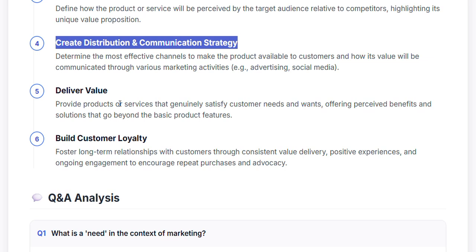Why do people choose your product, and why do people choose competitors' products? Because of value. The product is the same.